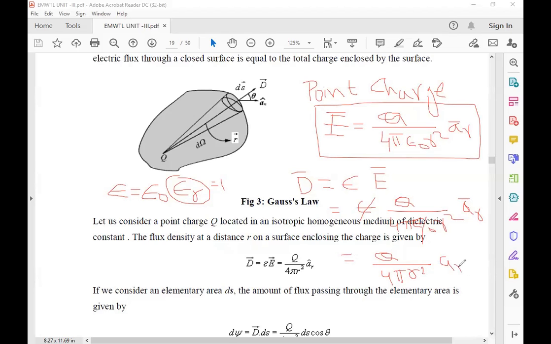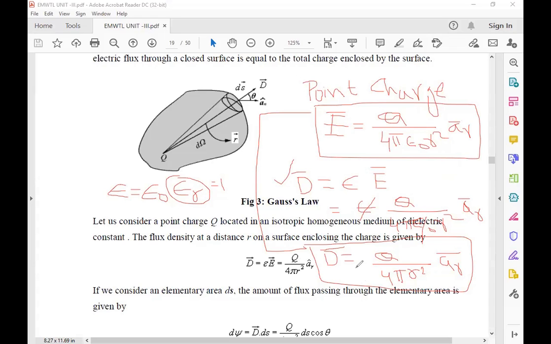This is the equation we got for the electric flux density, using the relation between electric field intensity and electric flux density for a point charge. The relation is epsilon into E bar, so epsilon and epsilon get cancelled, since in free space epsilon r is equal to 1.